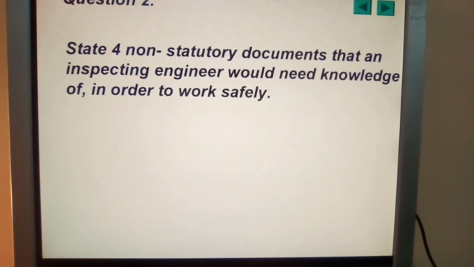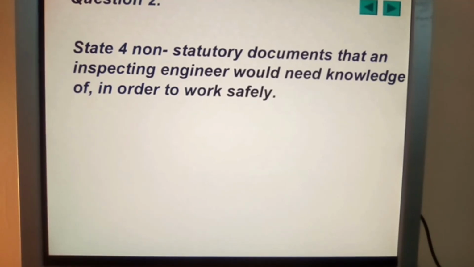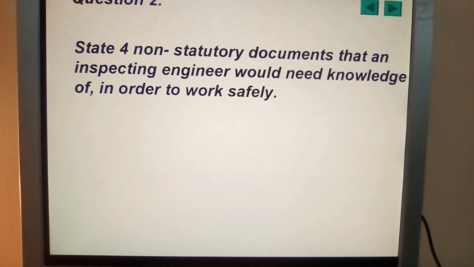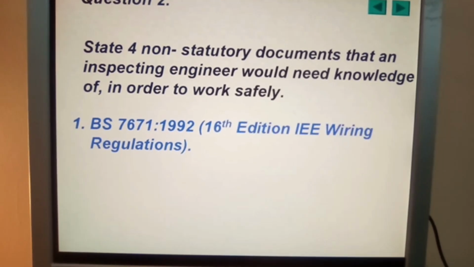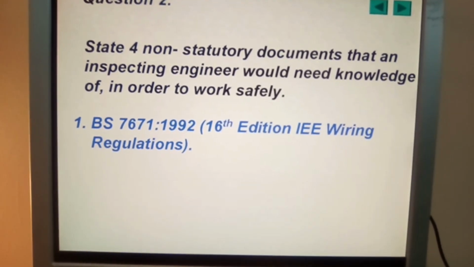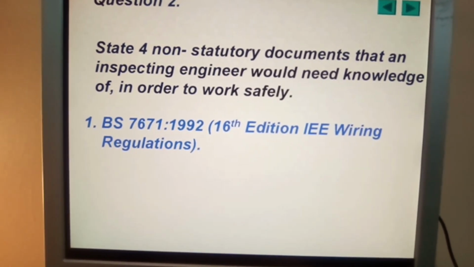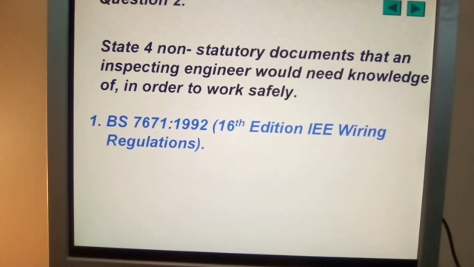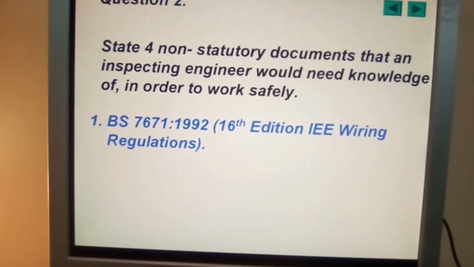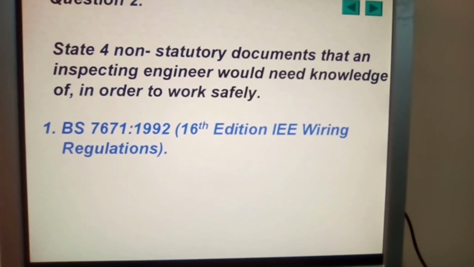State four non-statutory documents that an inspecting engineer would need knowledge of in order to work safely. BS 7671, and please note, we're at the 17th, 18th edition now, so bear that in mind, okay?